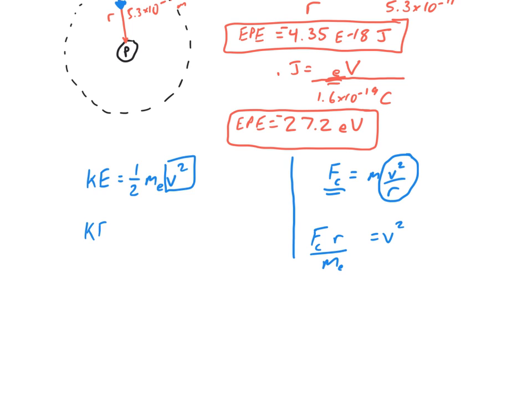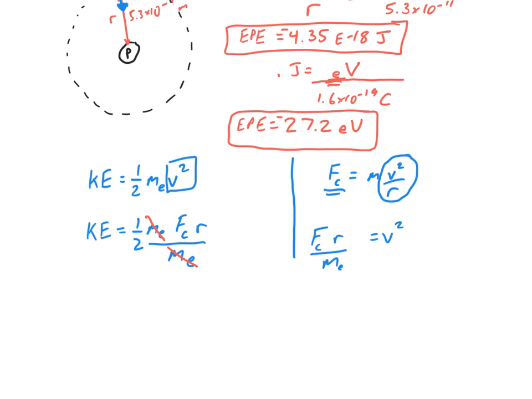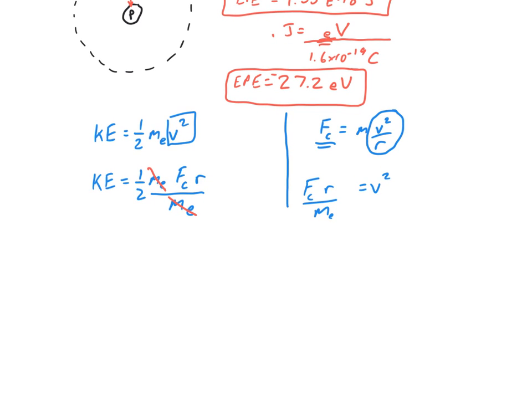My kinetic energy is now equal to 1/2 mass of the electron times the Coulomb force multiplied by the radius of motion divided by the mass of the electron. I'm actually not going to be doing many calculations because this is going to clean up very nicely.